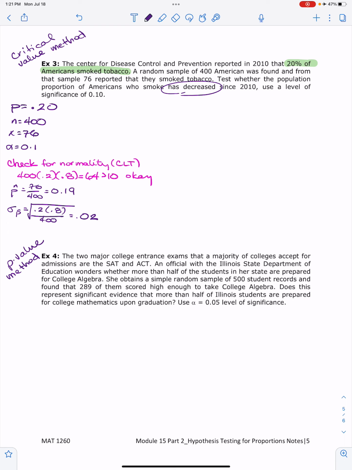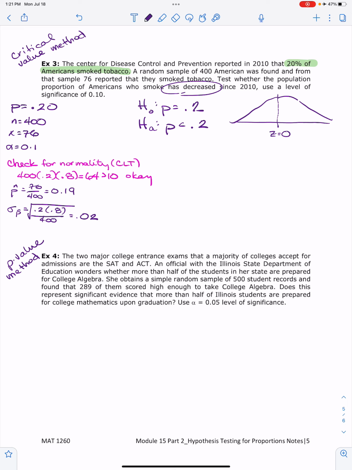Now let's see what we've got here. My null hypothesis is that the proportion is this 0.2. My alternate hypothesis is that the proportion is actually less than 0.2. So let's figure out what this looks like in terms of our normal distribution. My z equals 0.